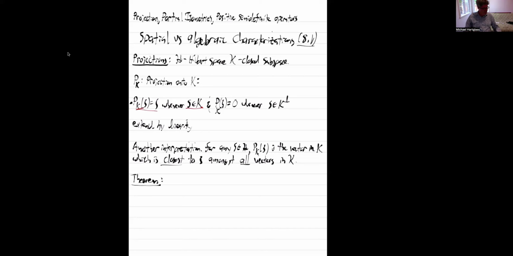Theorem: for P anything in B(H), so any bounded operator, P is a projection if and only if P squared is itself and it is self-adjoint. So you're self-adjoint and you square to yourself.